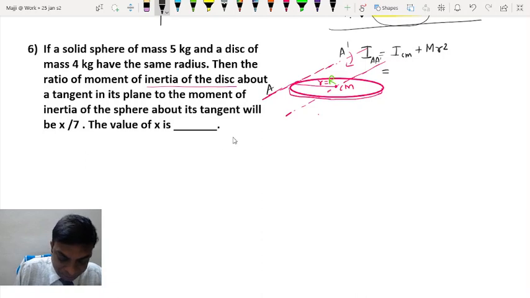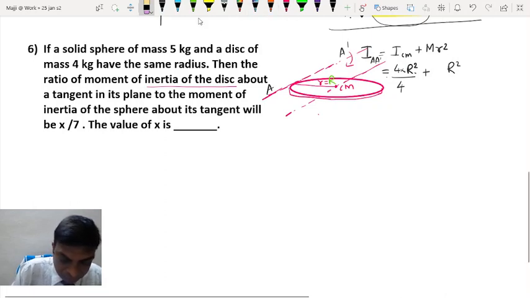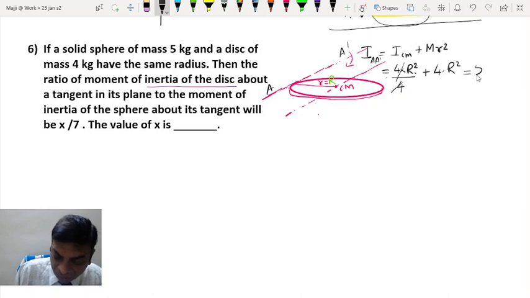Now for the disk, it is m r square by 4, where r is the radius, whereas this will be m into r square. M is 4. So r square plus 4r square is equal to 5r square.